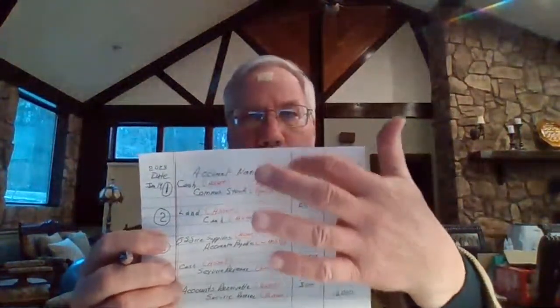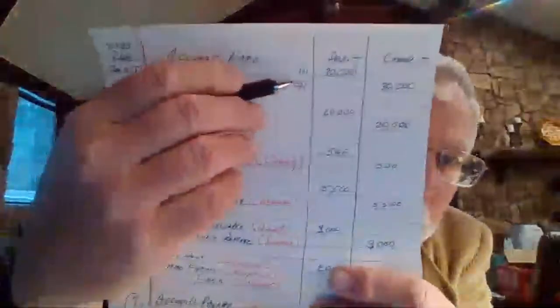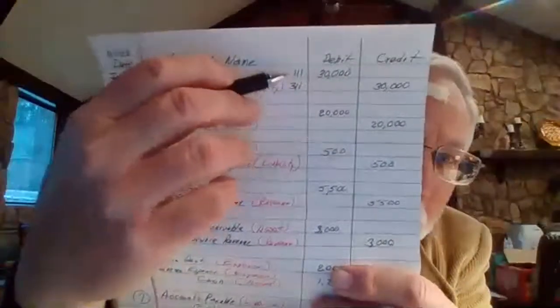I don't have a posting reference column here, but it would be right to the left of the debit column, so I'll write it in. The cash account is 111. The common stock account is 311. So there are my posting references right there. That means it's in the general ledger.